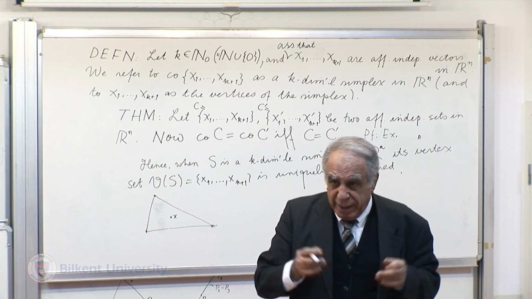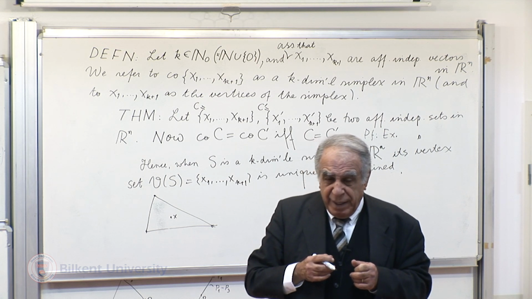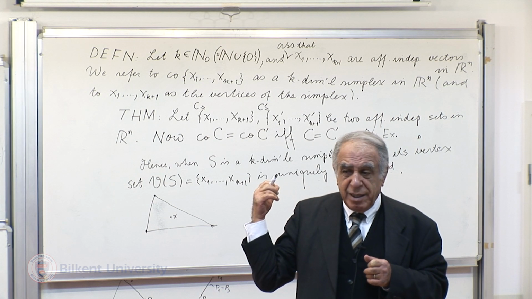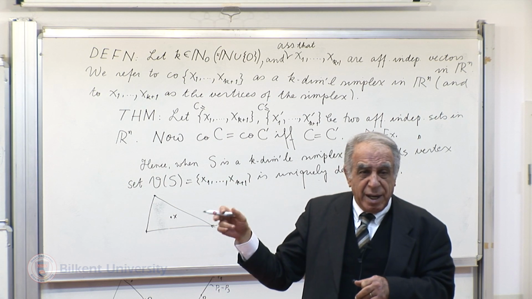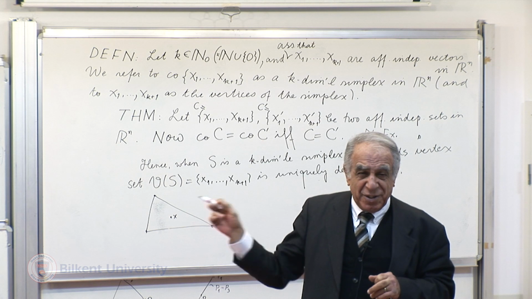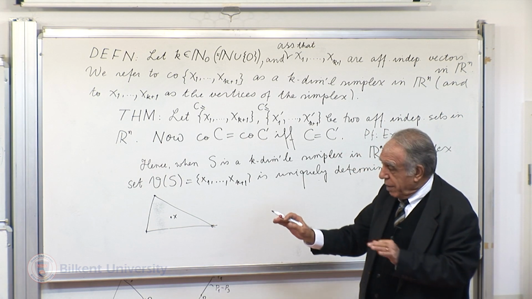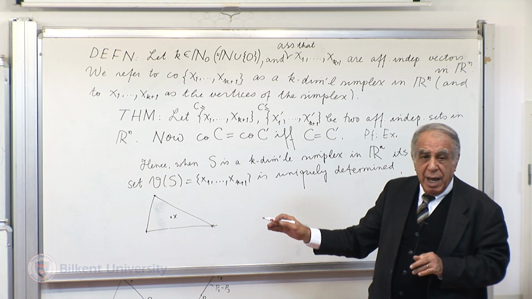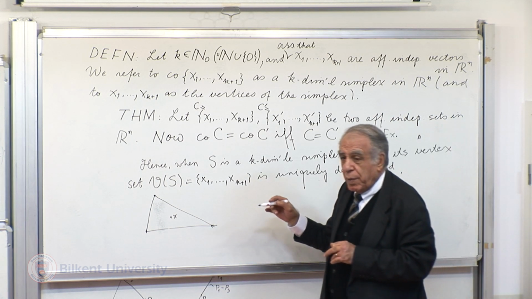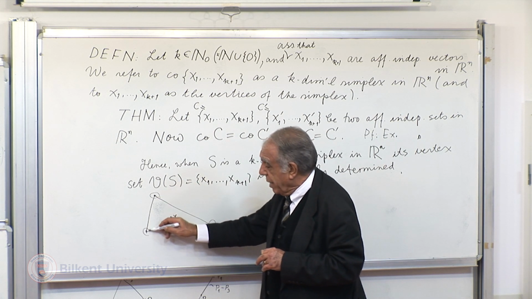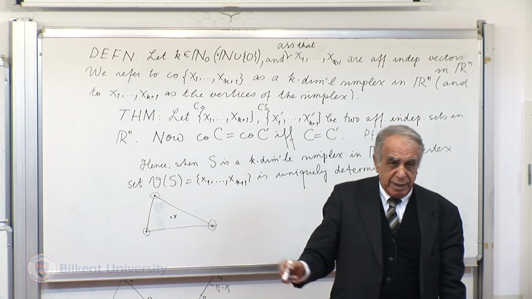Which one would be the barycentric coordinates? Will it be unique in this case? If you have just a triangle, a non-degenerate triangle, and a point in the triangle, you can see it will be unique, but it depends upon what? The affine independence. It will depend upon the affine independence of these.